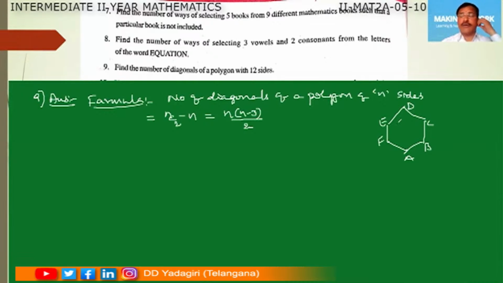So in a polygon of 6 sides, it will contain 6 vertices. Then a diagonal means the line joining any 2 vertices which are not adjacent. ఈ పక్కపక్కన ఉన్నటువంటి వర్టిసెస్ ని కాకుండా ఇంకే వర్టెక్స్ ని కలిపినా కూడా వచ్చేటువంటివన్నీ డయాగనల్స్ అవుతాయి. సో AD, AC, AE, BD, BE, అలాగే CF, CE, ఇవన్నీ డయాగనల్స్.